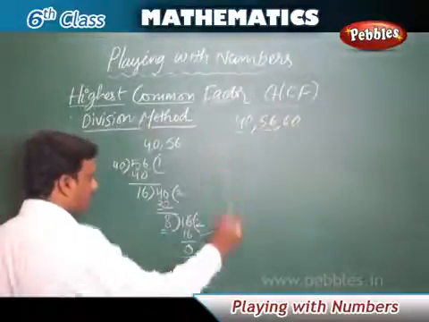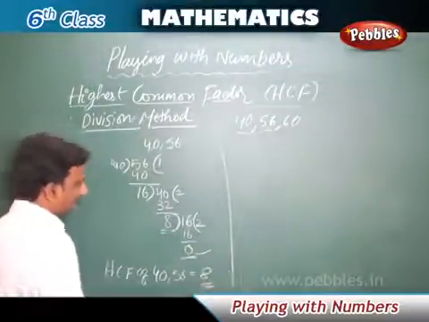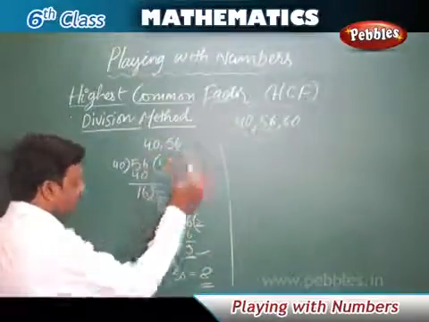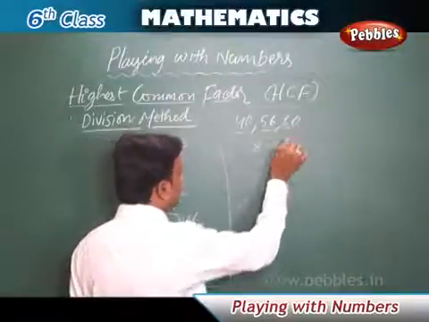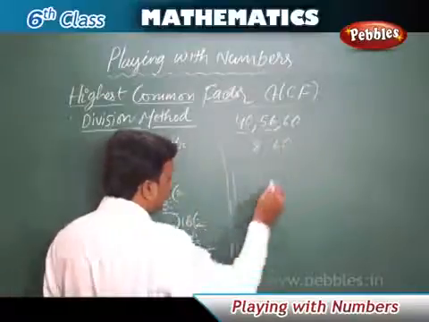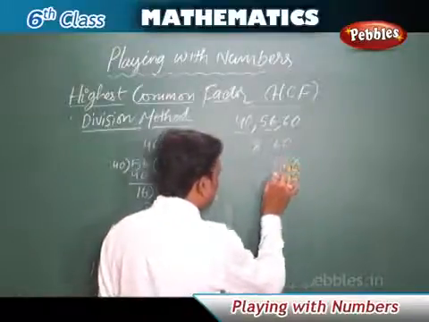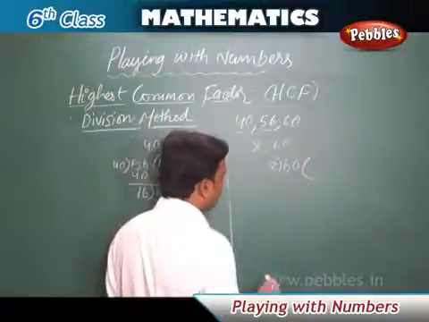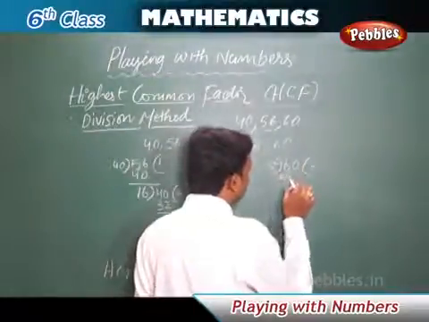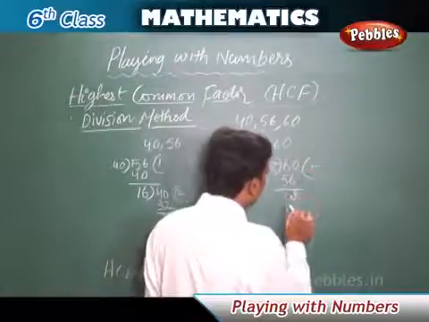So what is the next step? Here we found the HCF of 40 and 56. Now take this value 8 and find the HCF of 8 and 60. In the division method, the bigger number should be divided by the smaller one. So how many times? 8 7's are 56, so here you got 4.